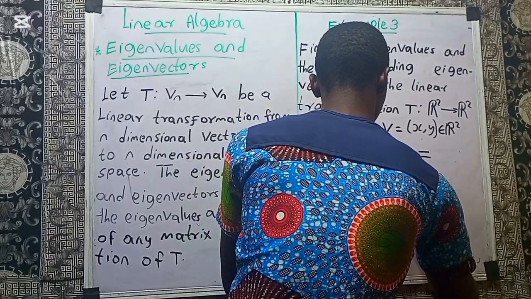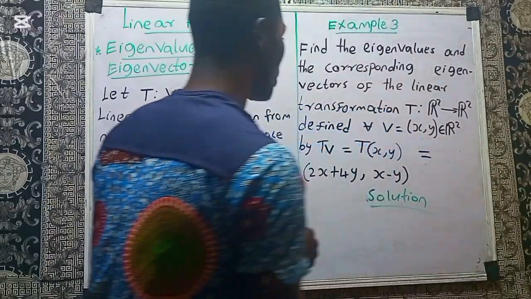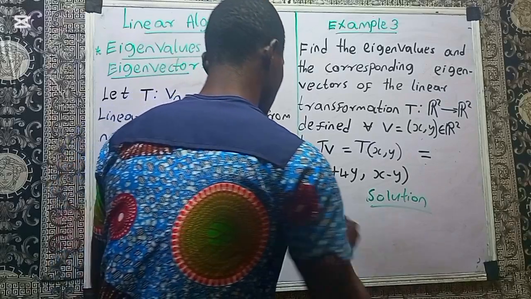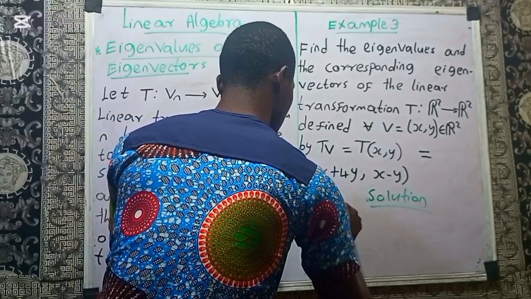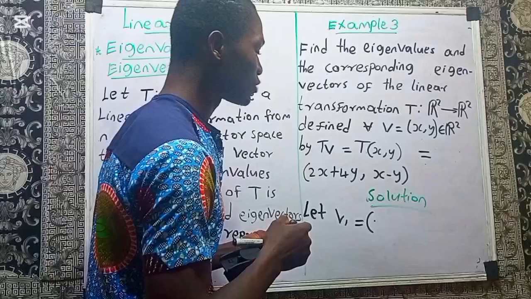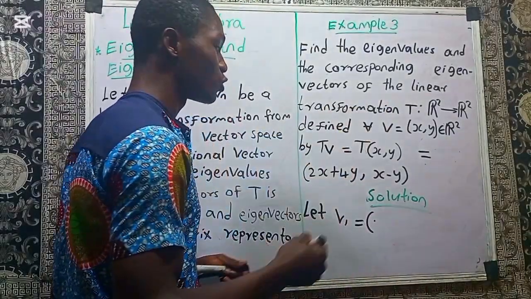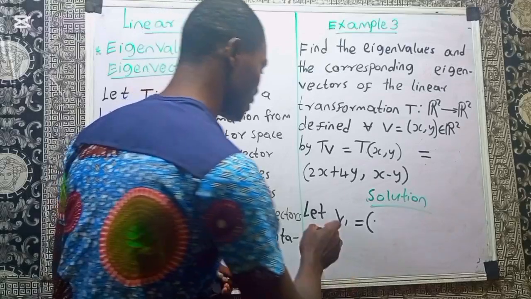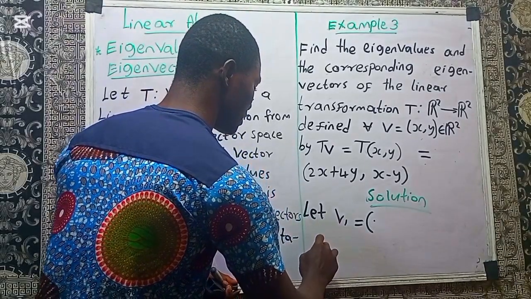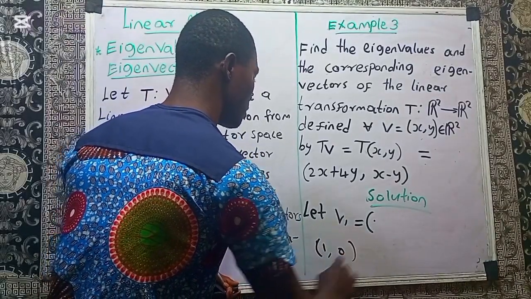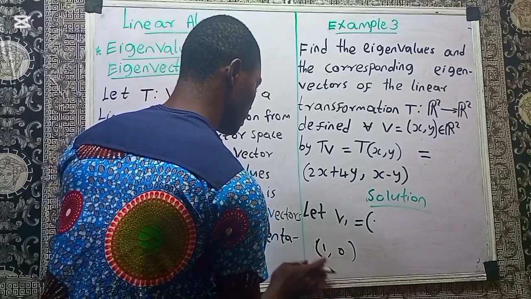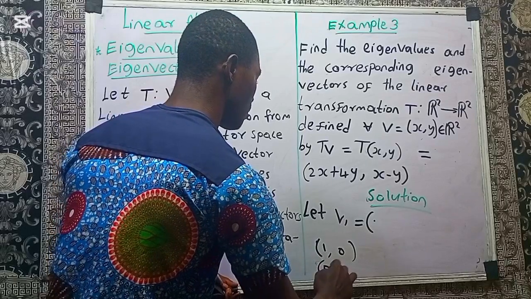Solution. So what we are going to do is we'll start by saying let V1 be a particular standard basis vector of this R2. You know the standard basis of R2. The first one will have entries 1, 0. The second one will have entries 0, 1.